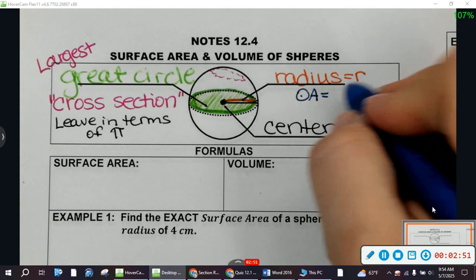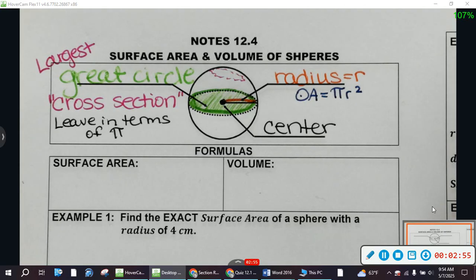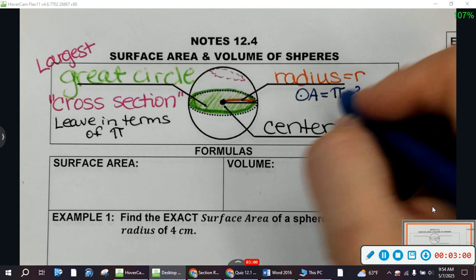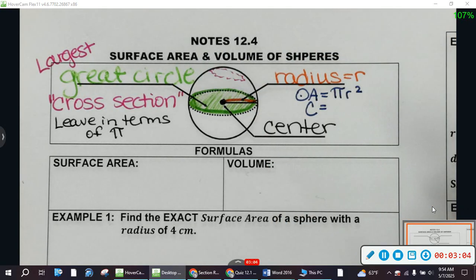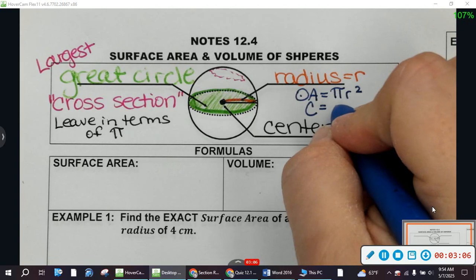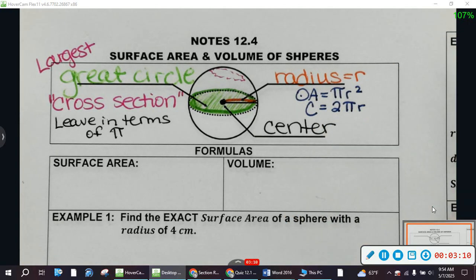A reminder, our area formula is pi r squared. And foreshadowing, we might be given the circumference of that great circle. Circumference, reminder, is 2 pi r.